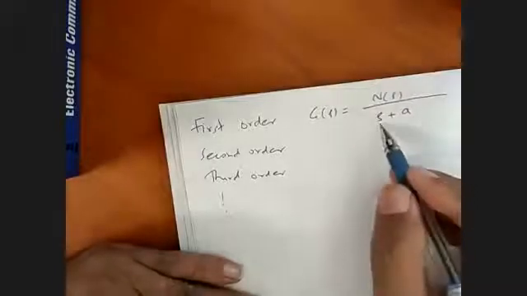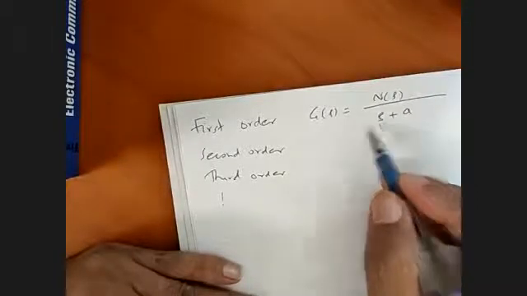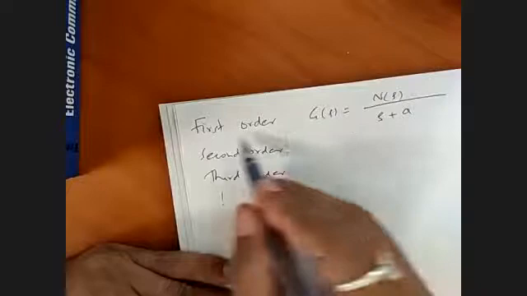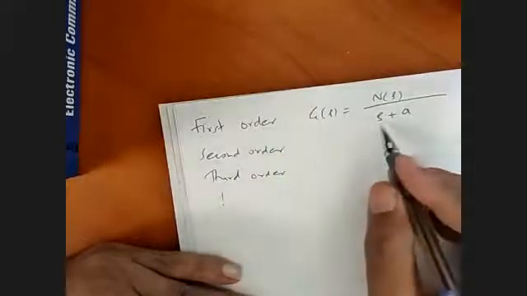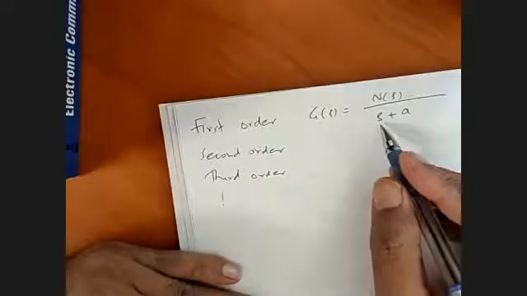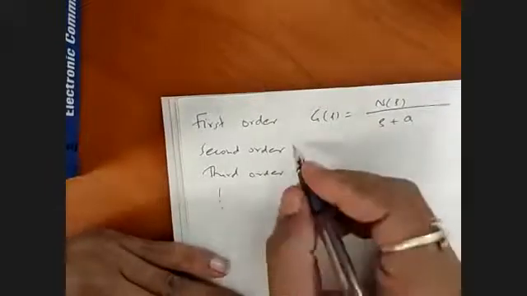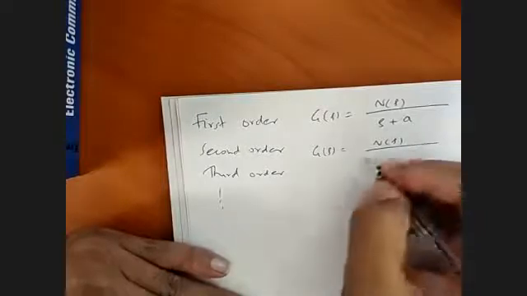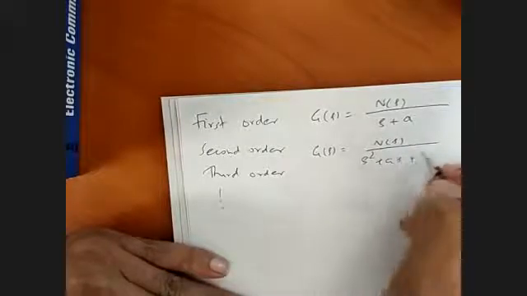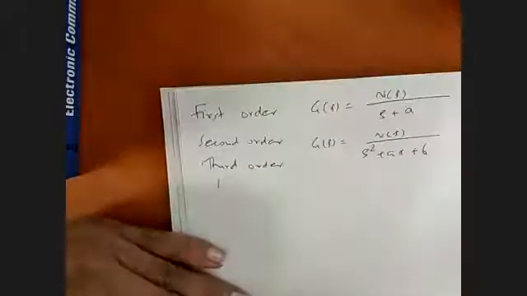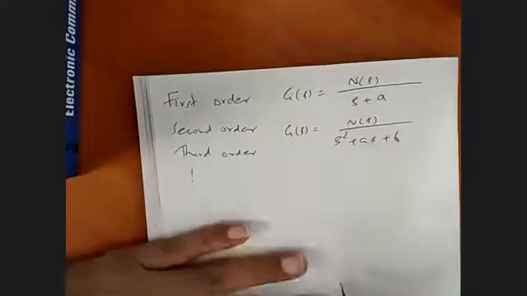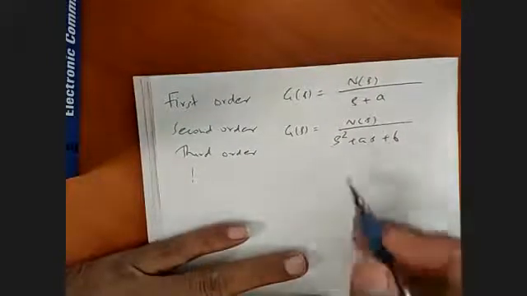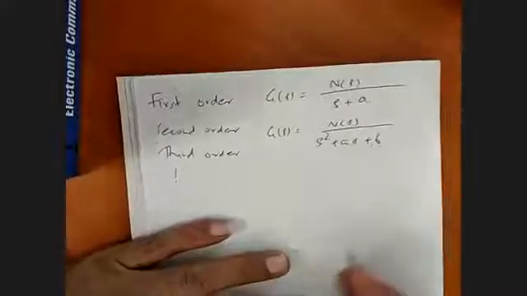Here we have highest power of s as 1. So in first order system, the highest power of denominator polynomial will be 1. Second order means s square plus as plus b.